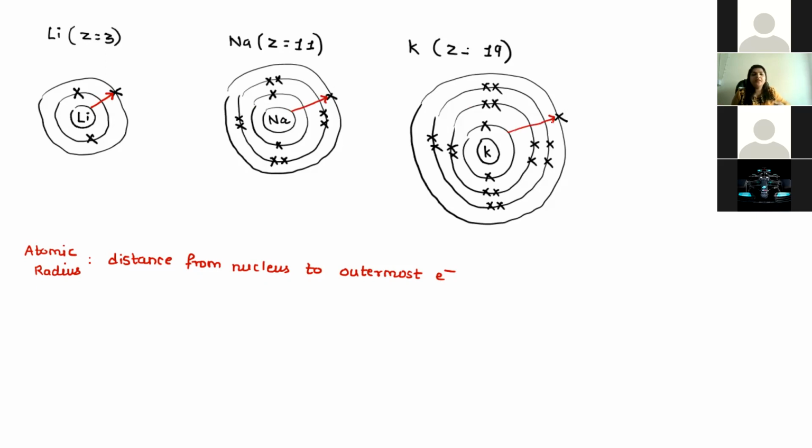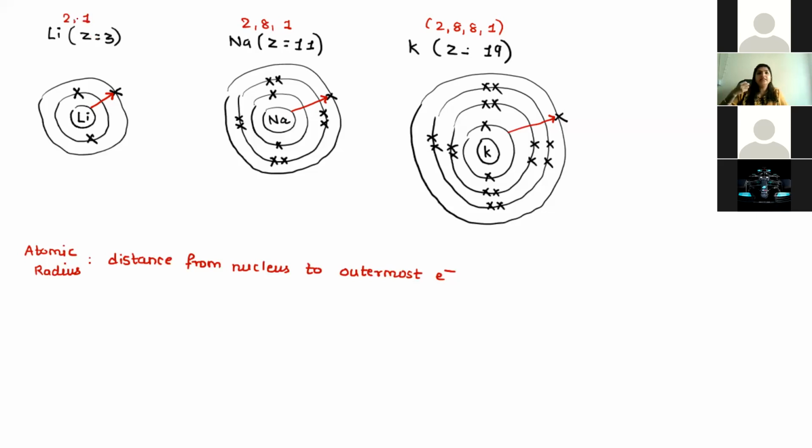Where is atomic radius more? Potassium. Exactly. In potassium, the last electron is very far from the nucleus because it is on the 4th shell. In sodium, the last electron is on the 3rd shell, and for lithium, the last electron is on the 2nd shell.